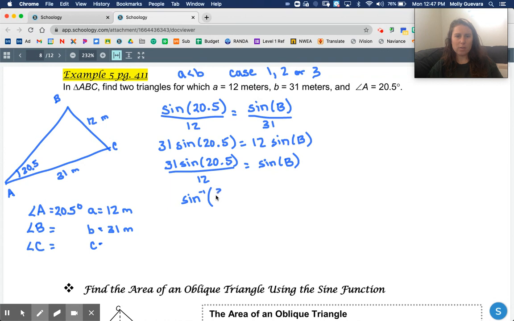So sine inverse of all of this, 31 sine of 20.5 over 12 equals B.